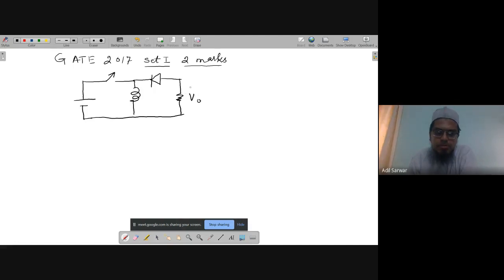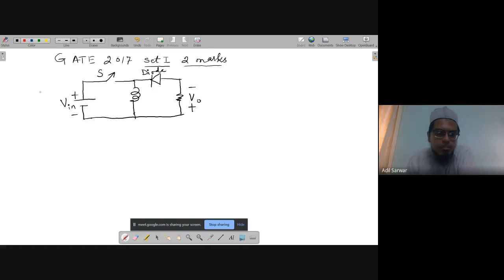This is VO minus and plus. So this is a buck boost converter. This is the switch, this is the diode, and this is the input voltage.